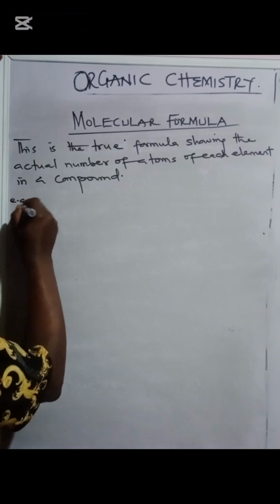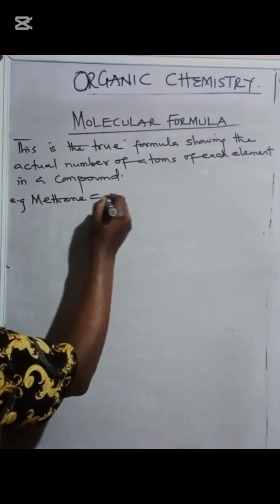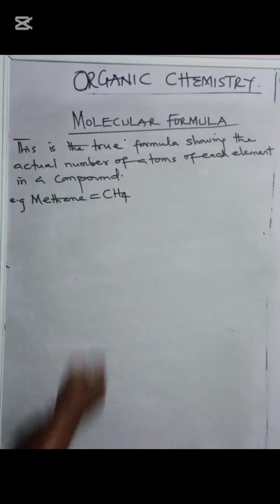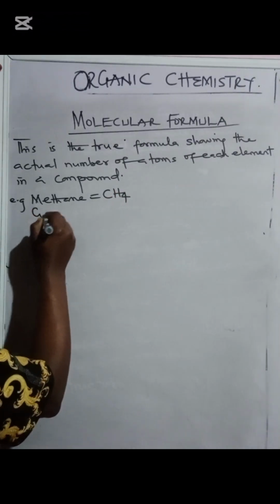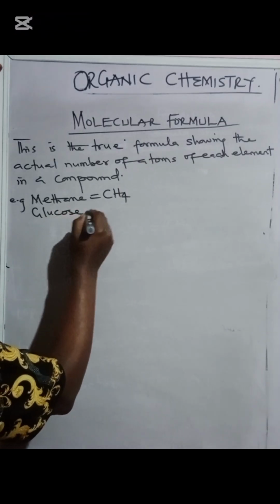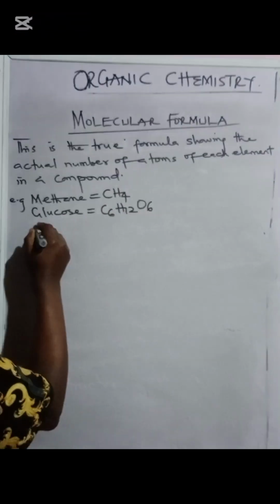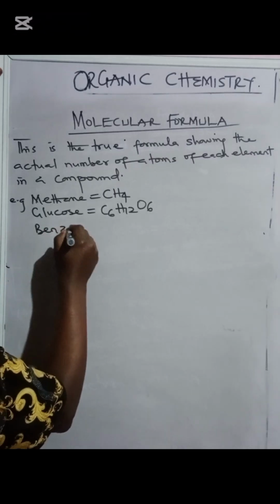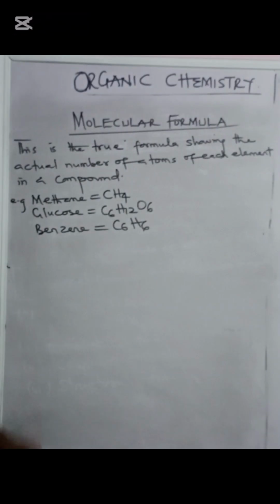E.g., methane, which we have done, is CH4. That's the real formula. Glucose, the real formula we have done, C6H12O6. Benzene, C6H6. These are the molecular formulas.